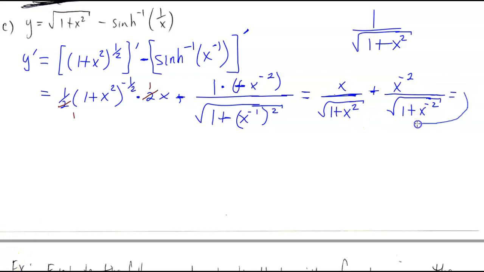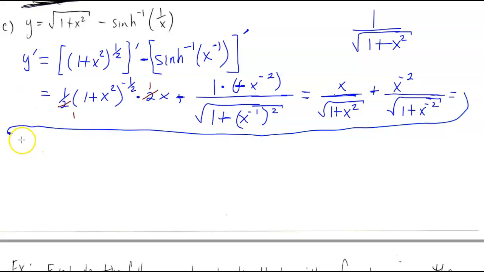All right, so at this point, we just need to rewrite this. So we'll keep the first term the same for now. But the second term, one thing that we can do with it is realize that x raised to the negative 2 is just the same as 1 over x squared.